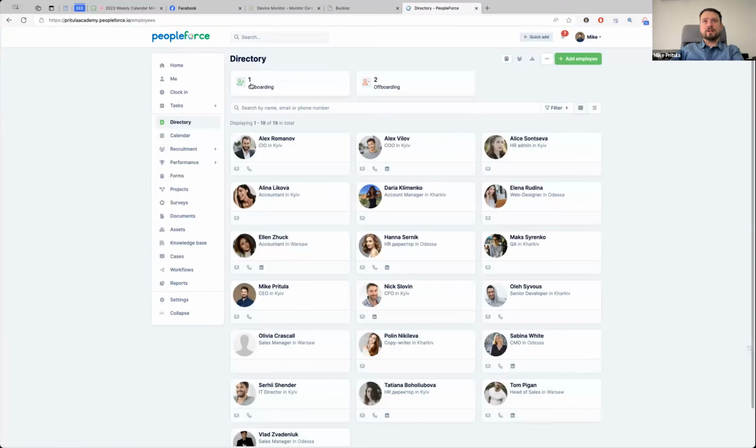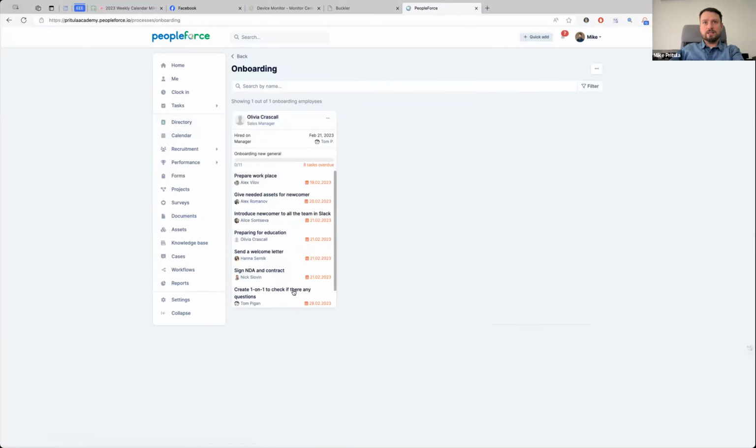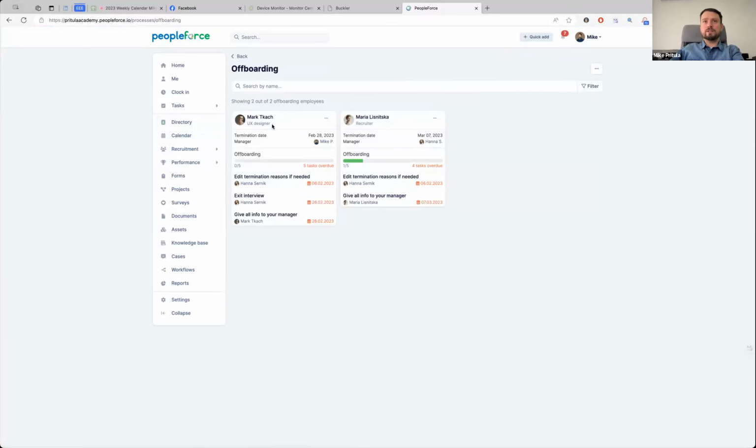And here we also have people on the onboarding checklist. Onboarding checklist is a core feature. And we have offboarding people and their checklist. We may create these checklists in the settings. What else do we have? Calendar.